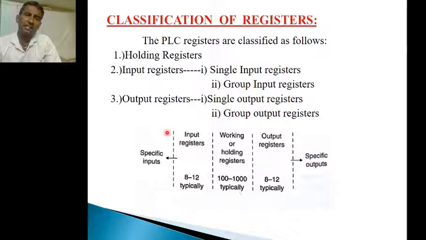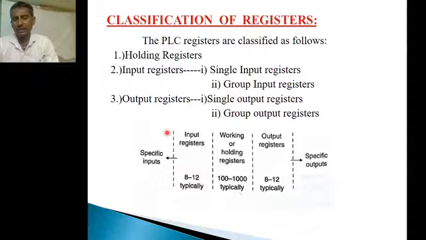The PLC registers are classified into three types. What are those three types? Holding registers, input registers and output registers. The input registers are further classified into single input registers and group input registers, and the output registers are further classified into single output registers and group output registers.